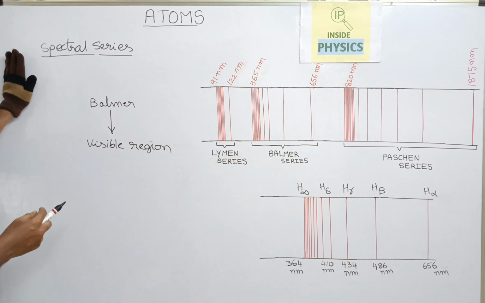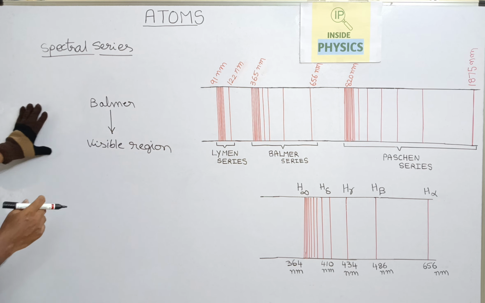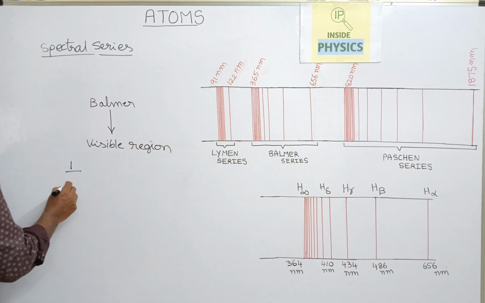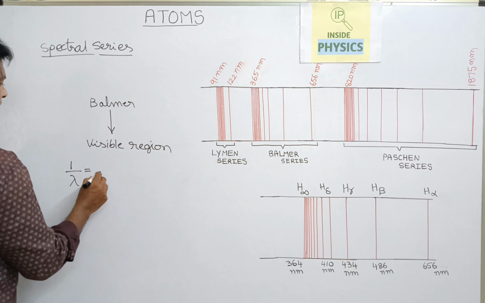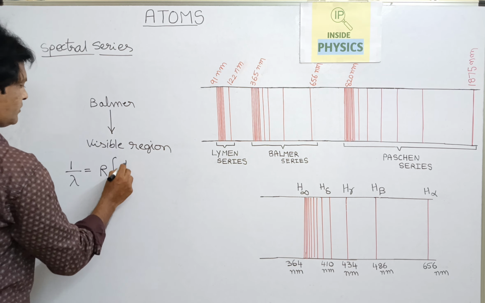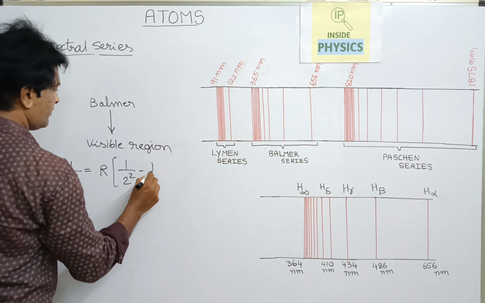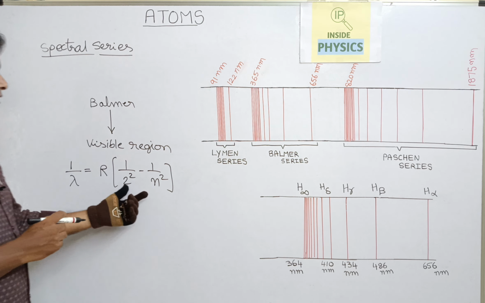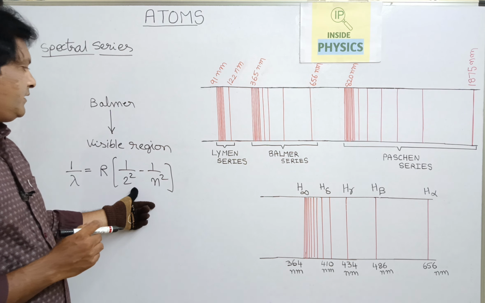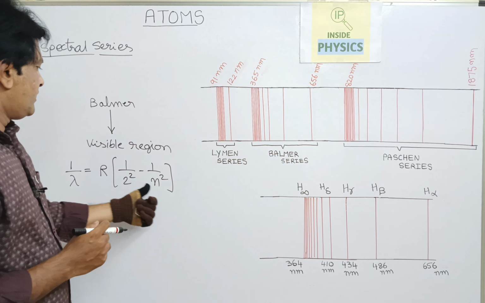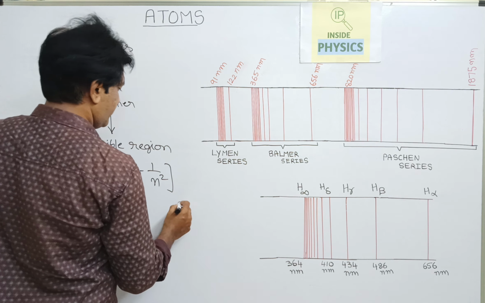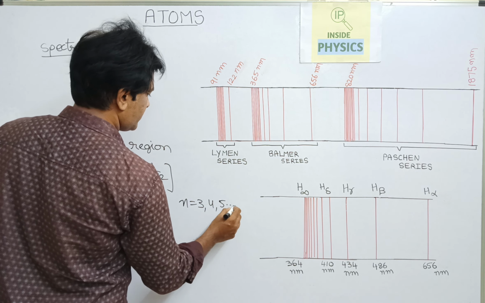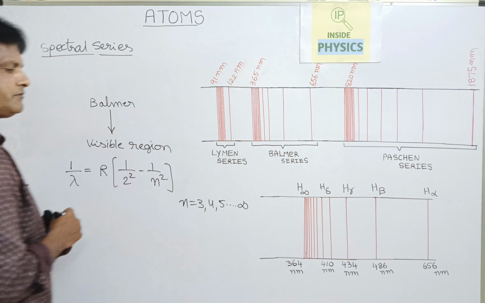So what is the formula Balmer gave to calculate the wavelength of a particular line in the series? He gave 1 by lambda is equal to R into (1 by 2 square minus 1 by n square). Here n can be 3, 4, 5, 6 up to infinity.